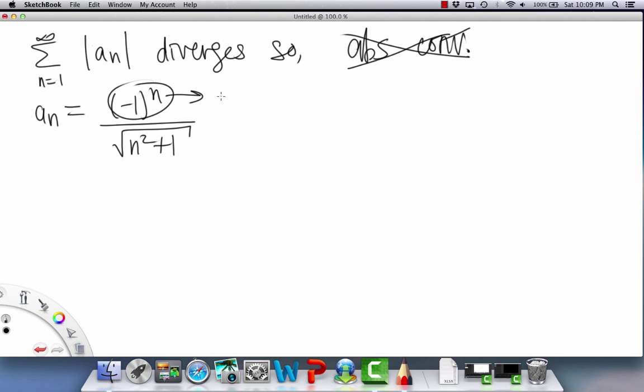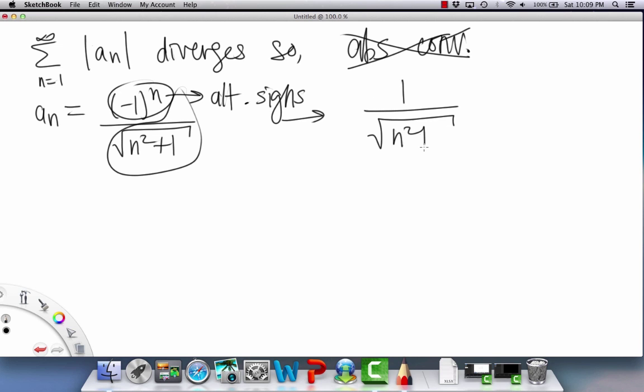Remember, this just provides the alternating signs. So that would be like our plus, minus, this and that. So that provides the alternating signs part, but the substance of the sequence is going to be determined by everything else that's included in it. So we're just going to ignore the negative 1 for now. So let's write it as 1 over square root of n squared plus 1.